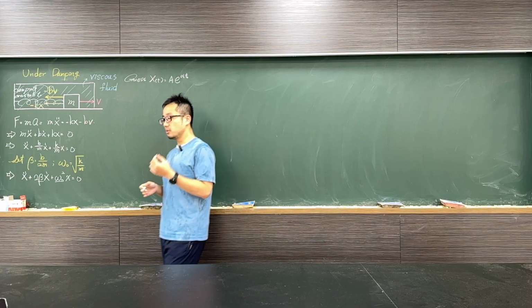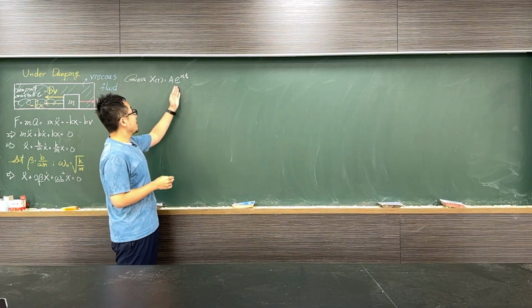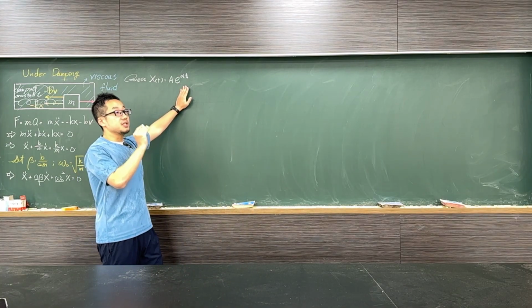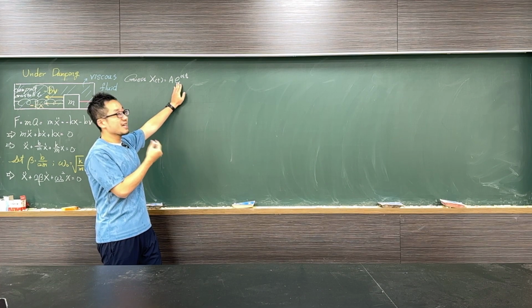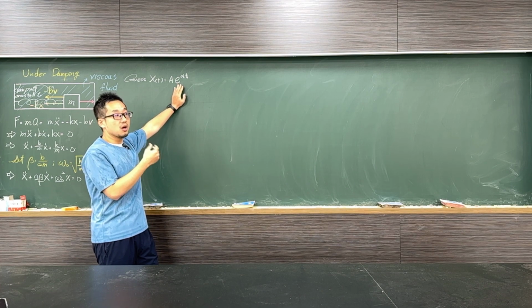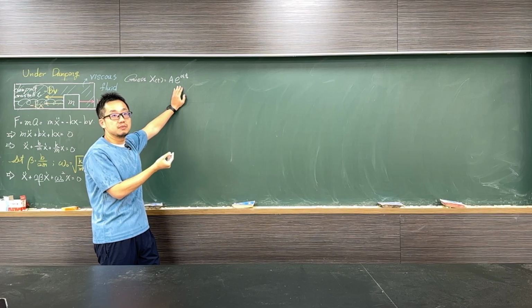If you know something about the exponential function with base e, you must know that if I take the derivative of the exponential function, it always becomes itself, right?